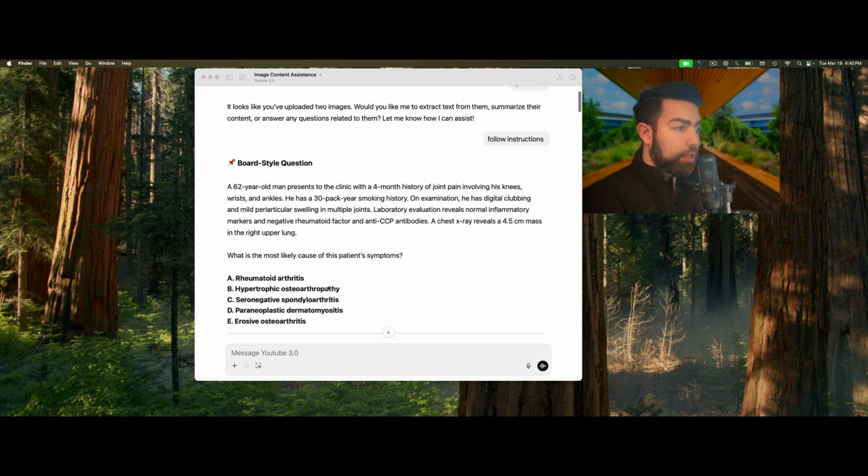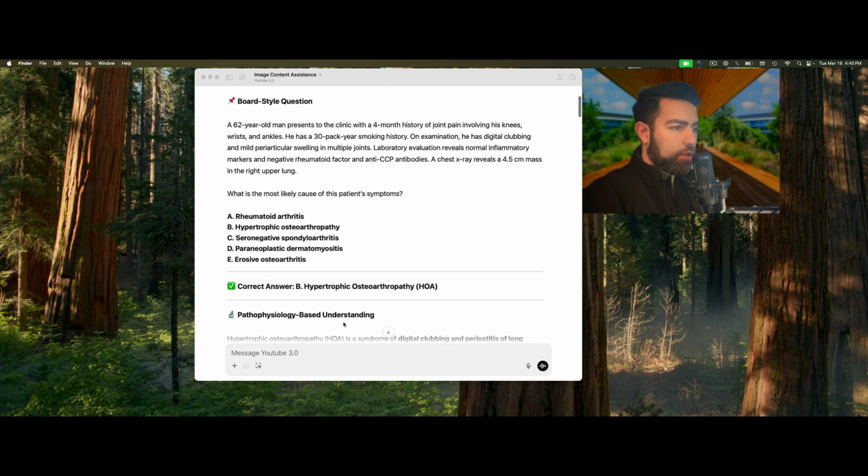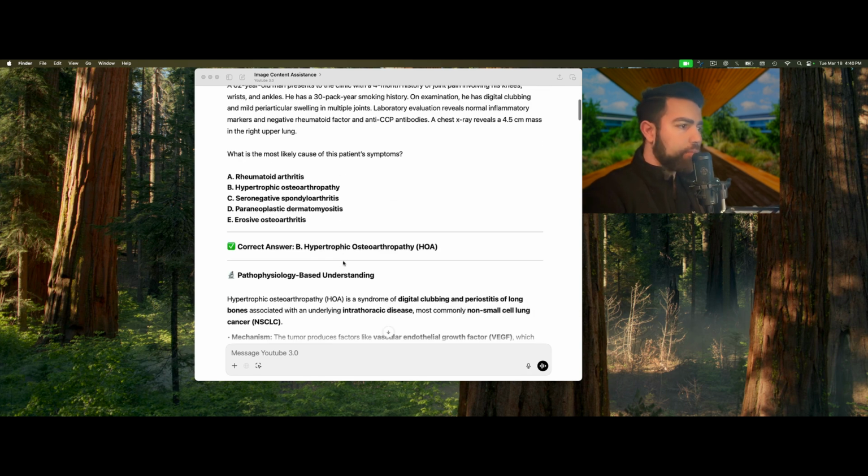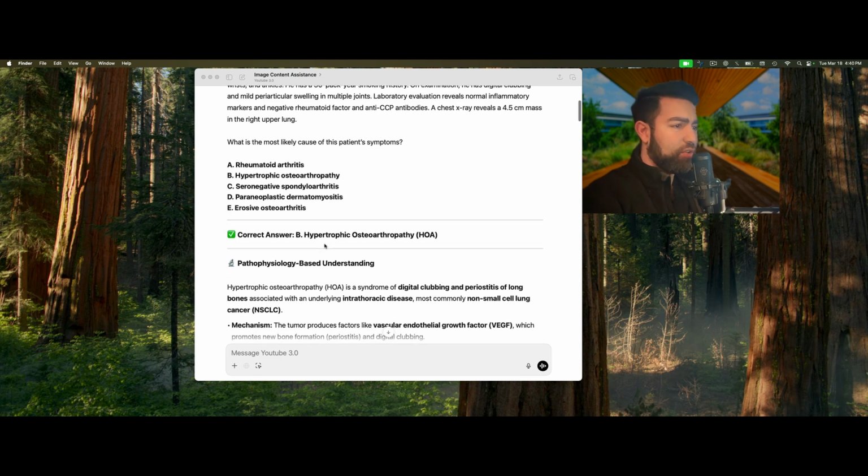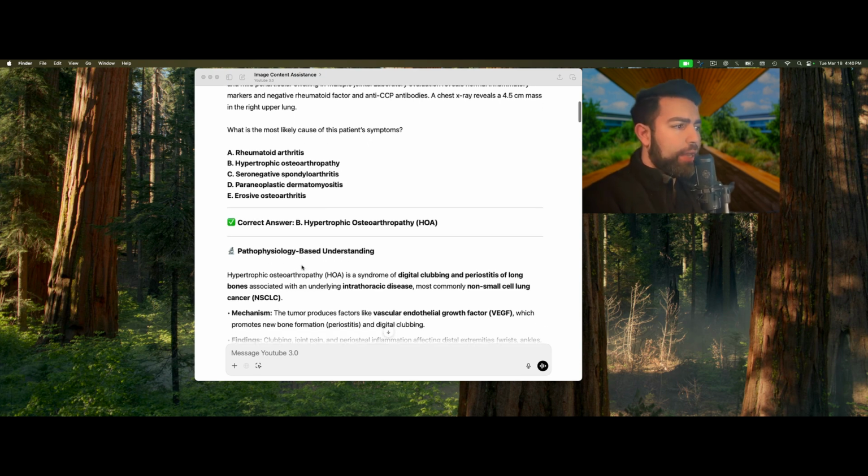All right. So the options were rheumatoid arthritis, hypertrophic osteoarthropathy, seronegative spondyloarthritis, paraneoplastic dermatomyositis, and erosive osteoarthritis. So the correct answer, of course, is HOA. And this question tests this very strong association that we're going to talk about. So HOA, or hypertrophic osteoarthropathy, is a syndrome of digital clubbing and periosteitis, which basically means inflammation of long bones. It is associated with underlying intrathoracic disease.